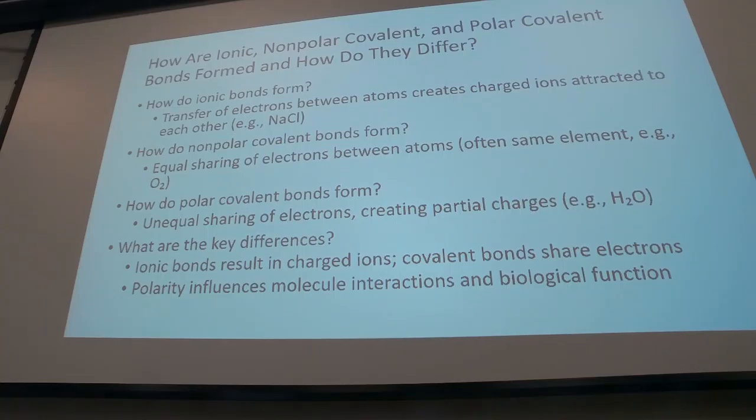And that helps to combine different molecules of water and form the lattice chemical structure that forms water.